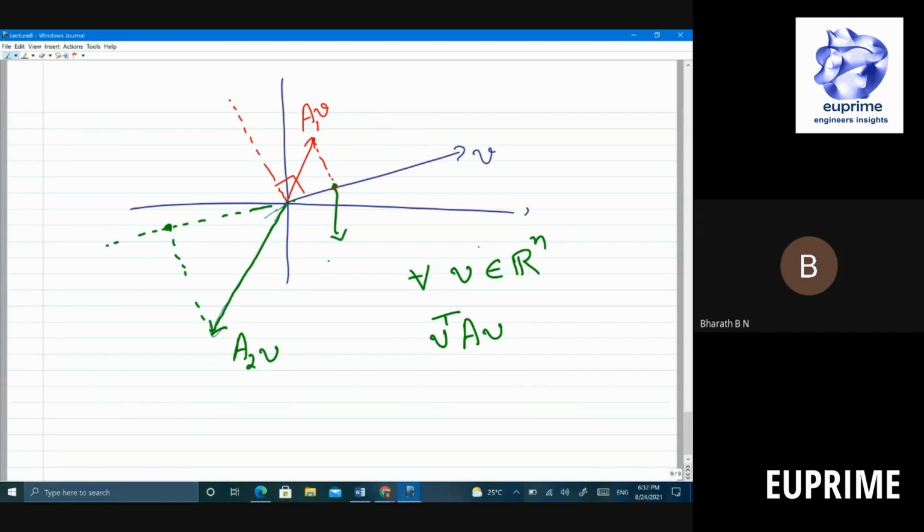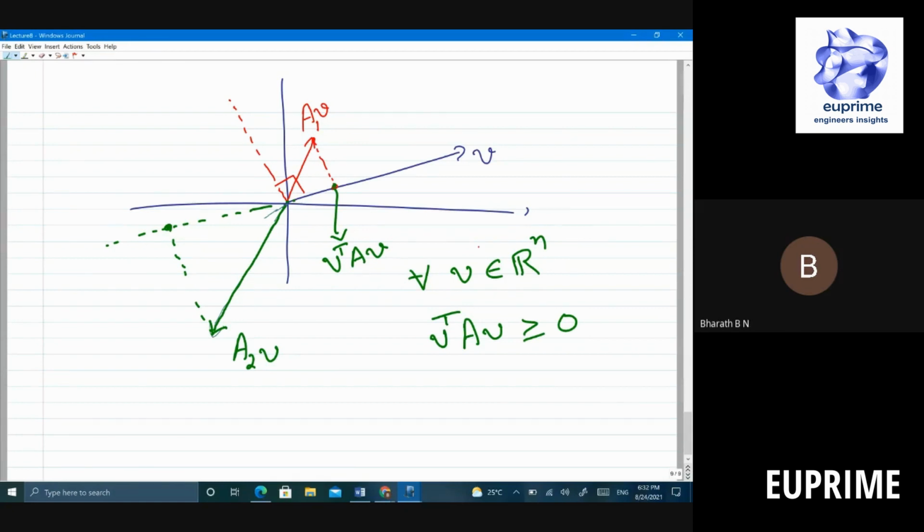Both are the same, right? v transpose Av. Is that clear? Okay. So now this is positive. What does that mean? You take any vector, operate A and take the dot product, it will always remain positive.